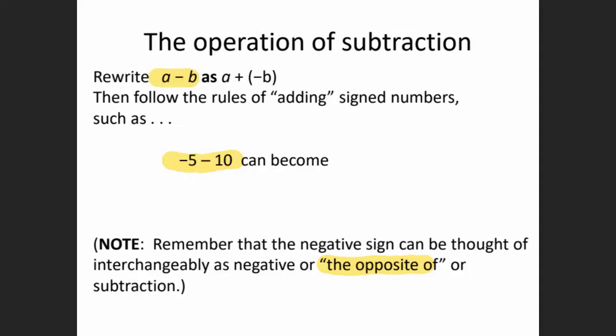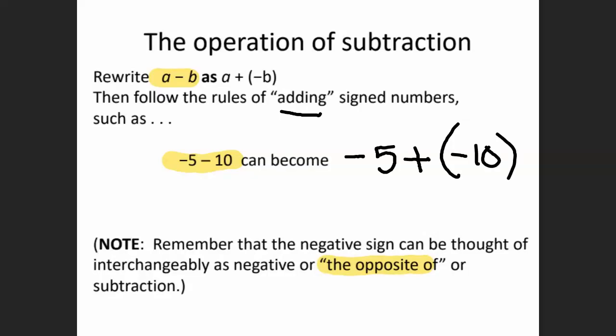We are going to rewrite negative 5 minus 15. Now, I know that some of you may already know the answer to this, but it's the understanding that you rewrite this because we're using the rules of adding signed numbers. This is saying a negative 5 plus a negative 10.